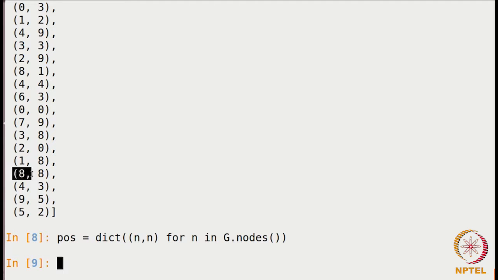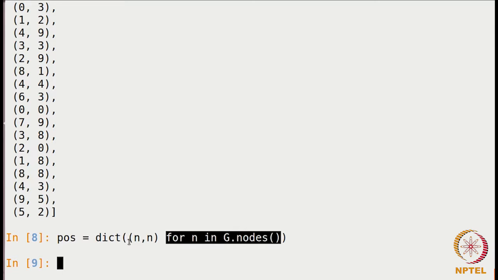These are G.nodes, as you can see. Please note the pattern of the nodes that we're getting here. This (8, 8), for example, will be one n. So what I'm doing here, for n in G.nodes, that is for all these tuples, I'm writing (n, n).